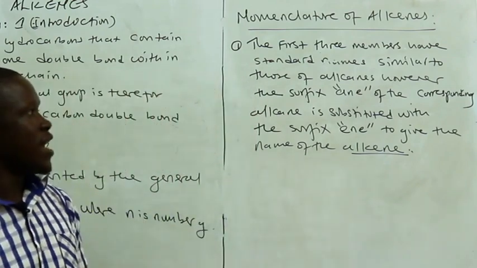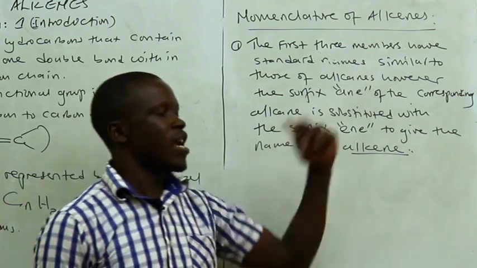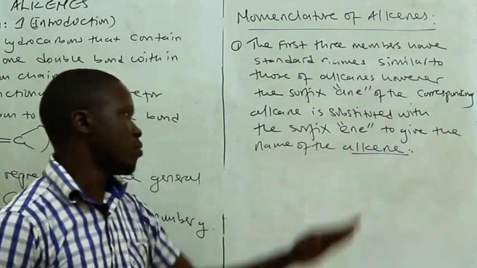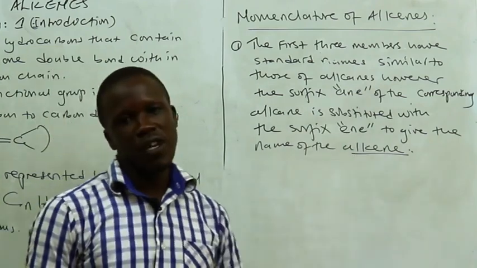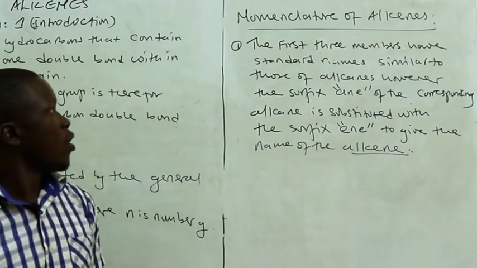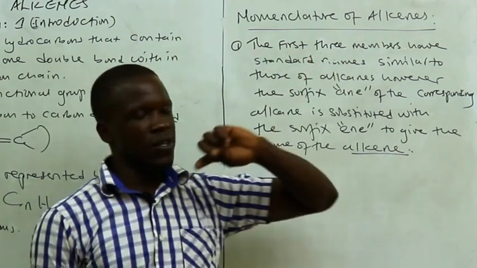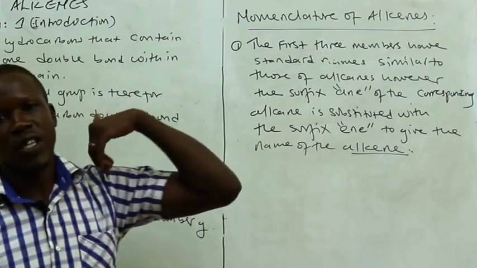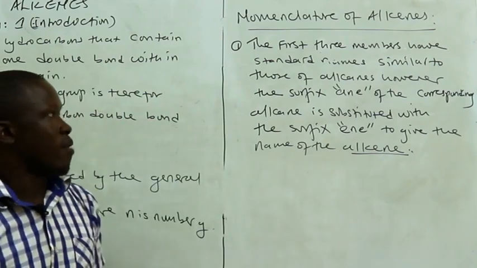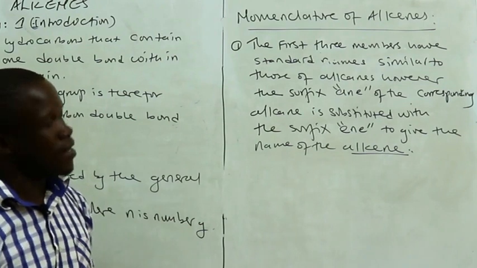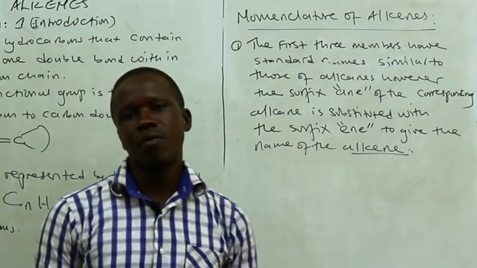However, the ending or the suffix ane of the alkane is changed to ene to give the name of the alkene. We are saying the first three members. In alkenes, we say the first four members. Why? Because alkenes must have at least a double bond.